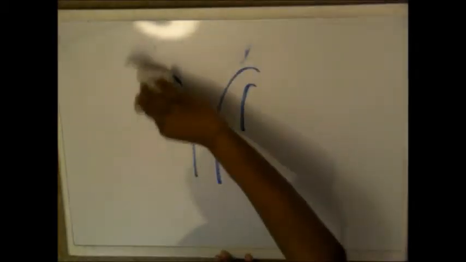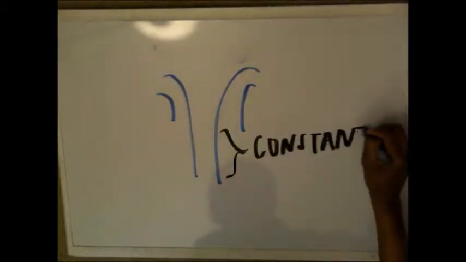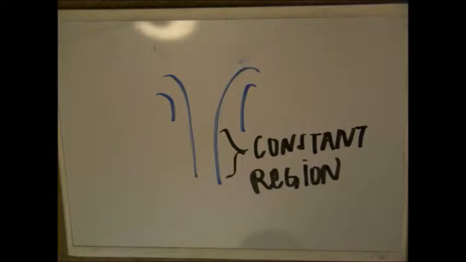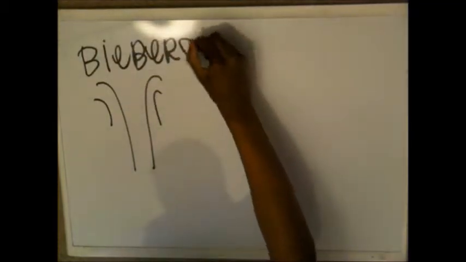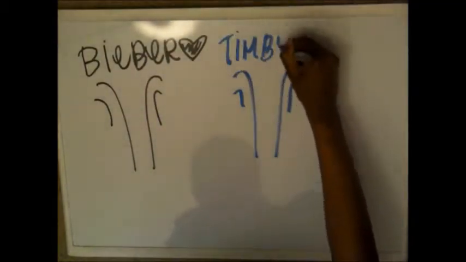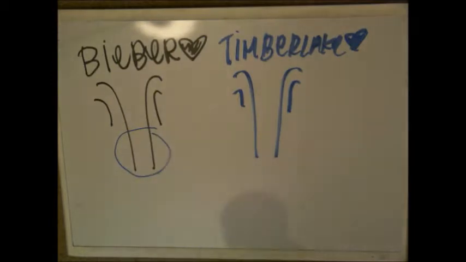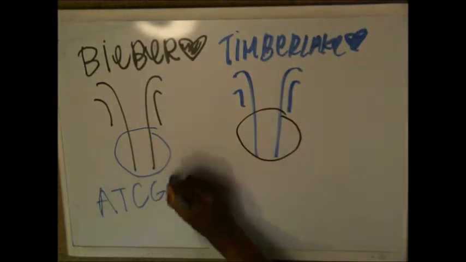The constant region, which is located at the base of an antibody, has an identical primary sequence of amino acids with all other antibodies. So for example, let's say we have antibody Bieber and antibody Timberlake. They would have the same sequence in this region, the constant region.